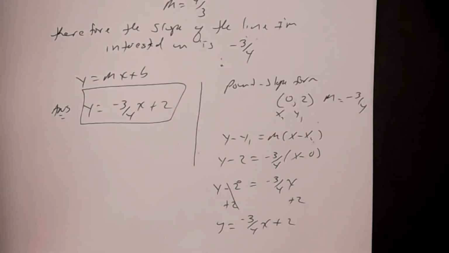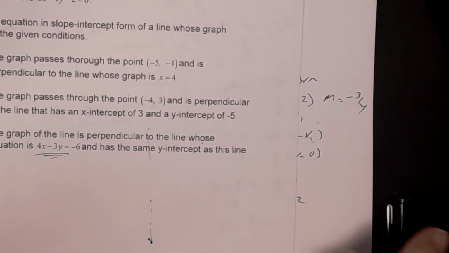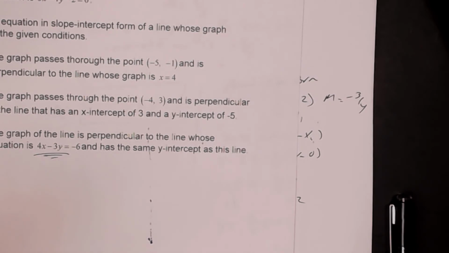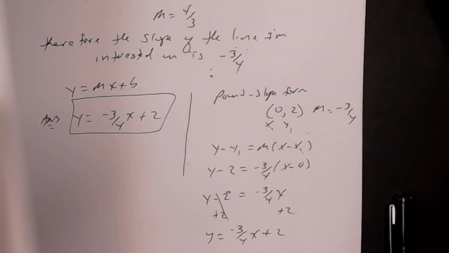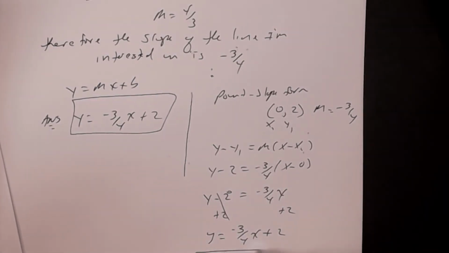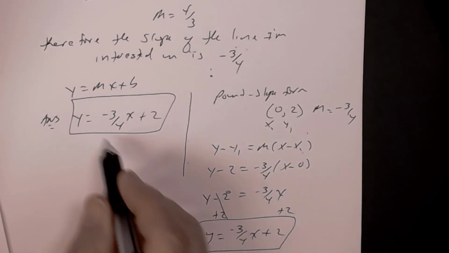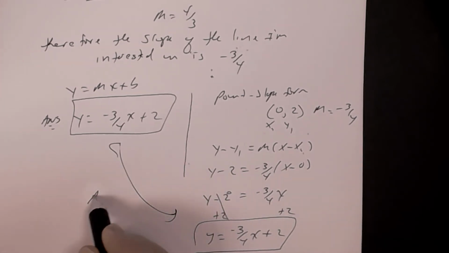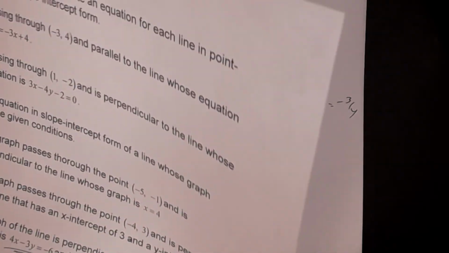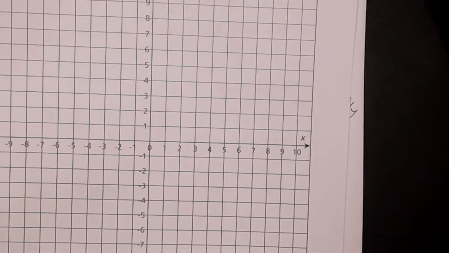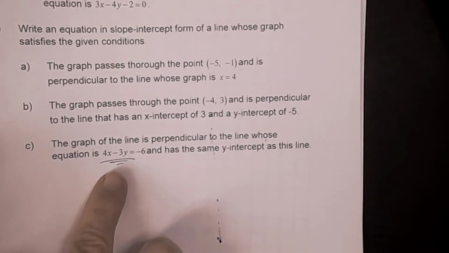Okay. All right. So if you want to graph it, you can. Just to kind of show you, the answer is right here, either one of those. So if you want to graph it, this is what's happening. Remember, we graphed this line first.